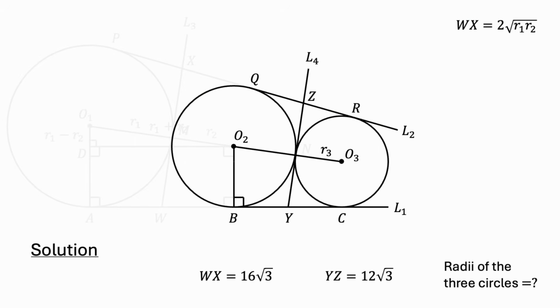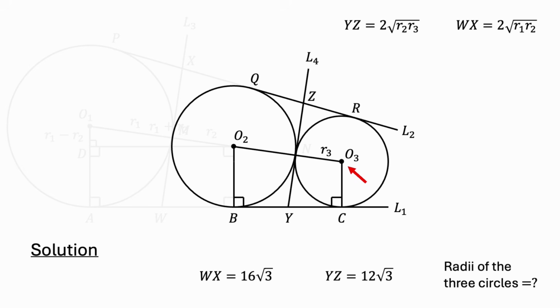By similar arguments for the medium and small circles, we can show that YZ equals 2 square root R2R3. Next, connect O3 to C. Since BC is tangent to the small circle, angle O3CB is a right angle.